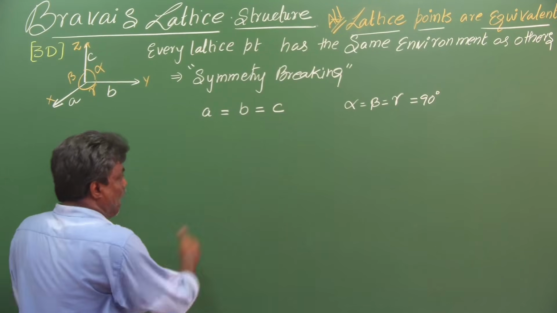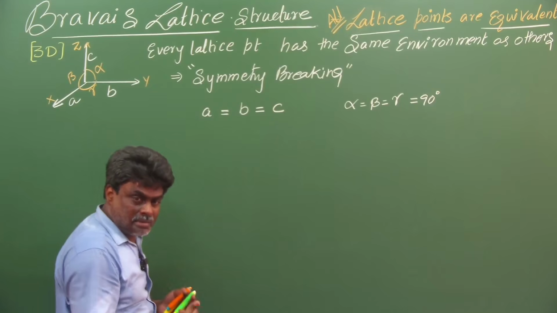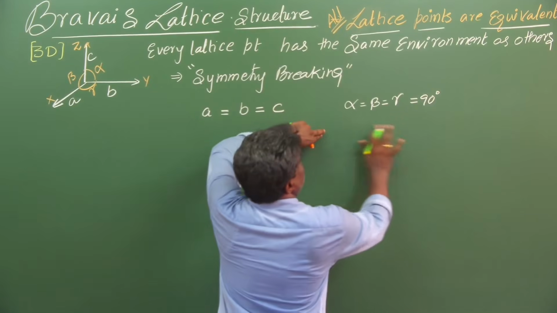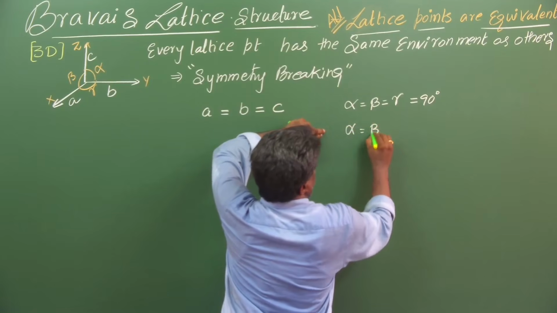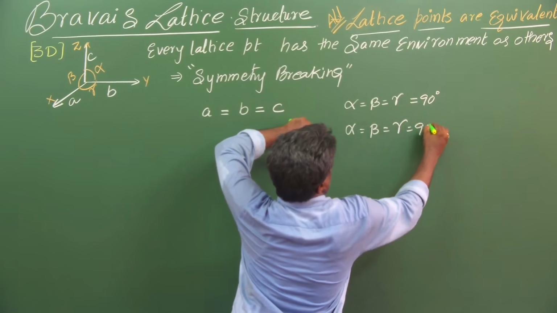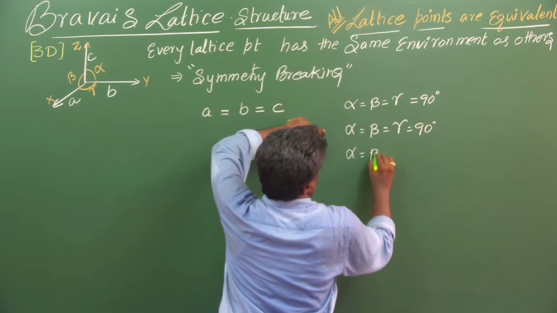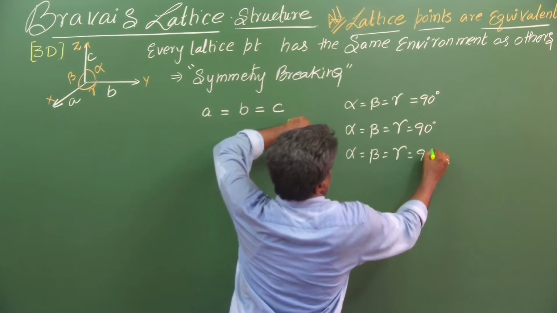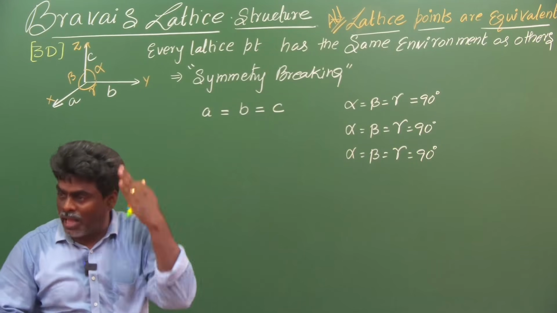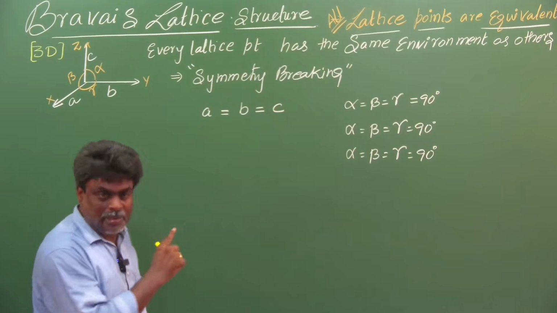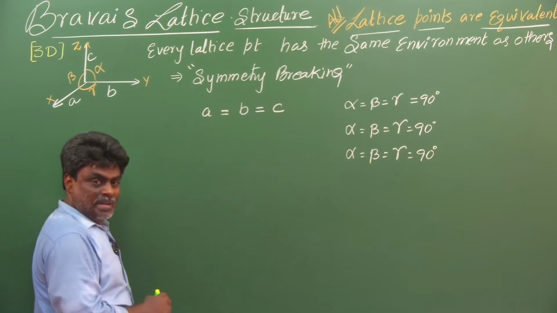Good. After that, breaking the symmetry. I am not changing the angle symmetry. That's why the angle symmetry stays as it is. I hope you are observing: alpha equal to beta equal to gamma equal to 90. I am not spoiling the angle symmetry. Now I am disturbing the sides symmetry.